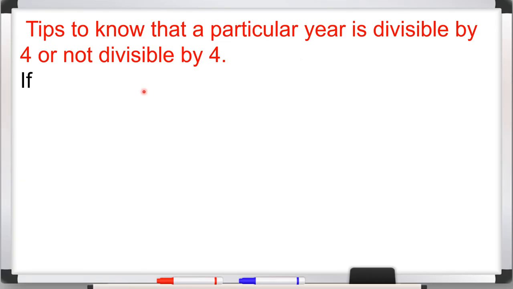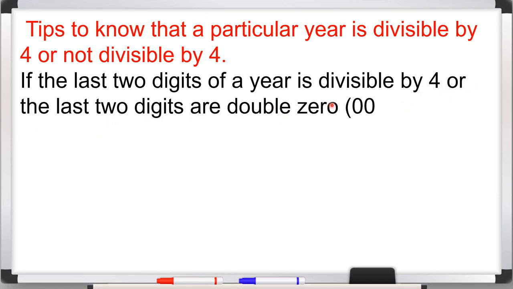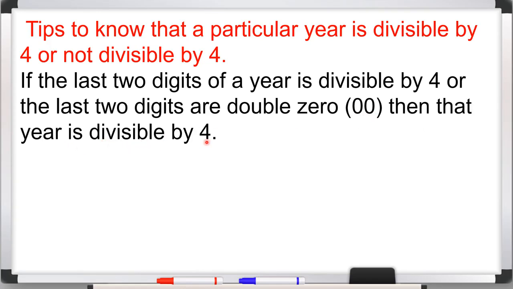Okay. So let's see. If the last two digits of a number or a year is divisible by 4 or the last two digits are 00 like this, ठीक है, then that year is divisible by 4. अगर हमारा जो पूरा year हमें given है वो जो 4 digits का होता है, ठीक है, तो उसमें से अगर लास्ट 2 digits जो हैं वो 4 से डिवाइड हो जाते हैं पूरे then that number is divisible by 4. और अगर वो नहीं होते हैं हमारे पास रिमाइंडर बच जाता है then that number is not divisible by 4.